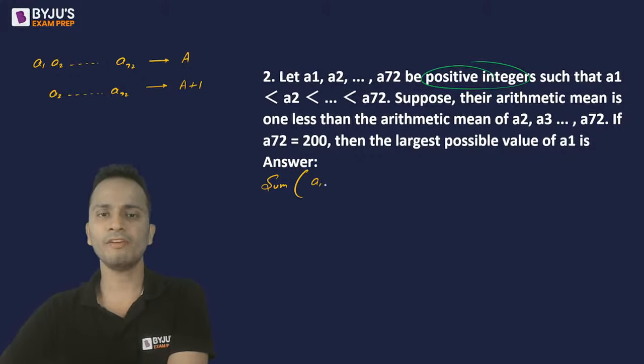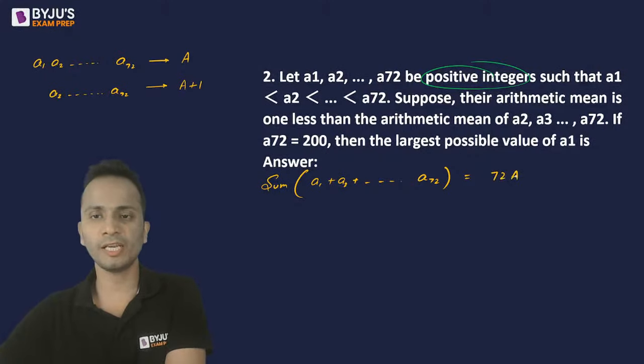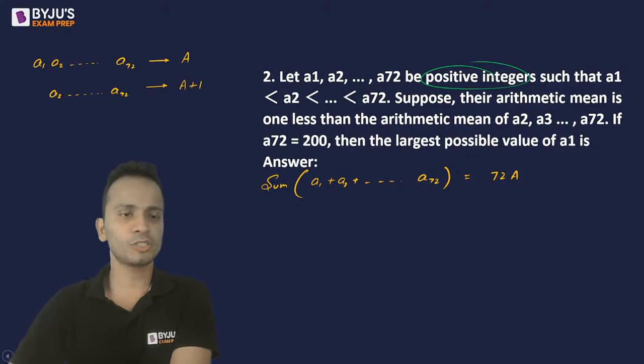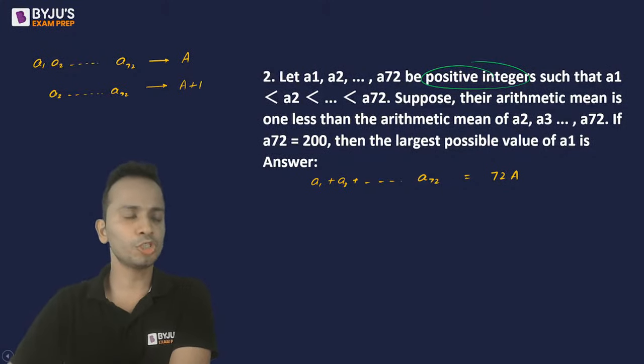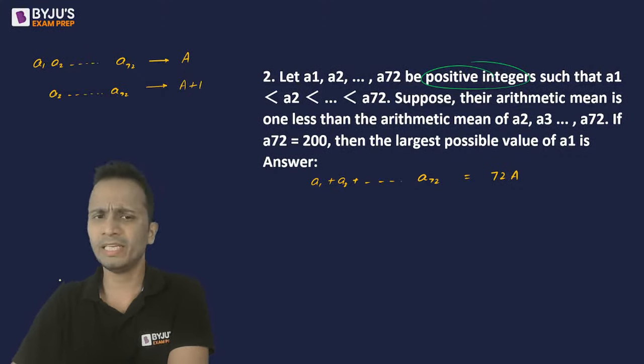Fine. So the sum of A1, A2, A3, that means A1 plus A2 and so on up till A72, should be equal to 72 times A, all right? Because their average is capital A, so their sum should be number of terms multiplied by the average.